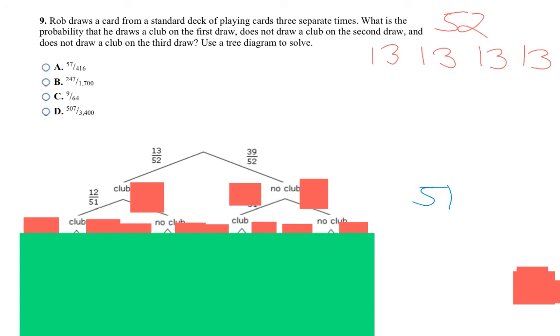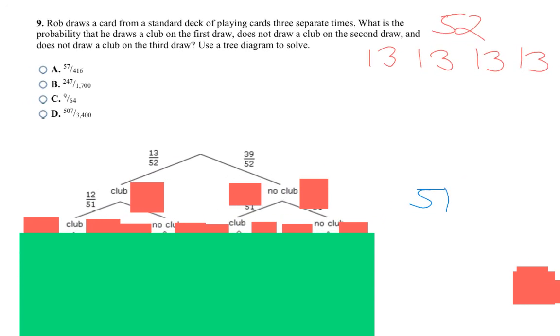Now, if I picked a club the first time and then picked no club, that means out of the 51 cards, I still have 39 that aren't clubs. So that means my probability of picking no club the second time is 39 out of 51.